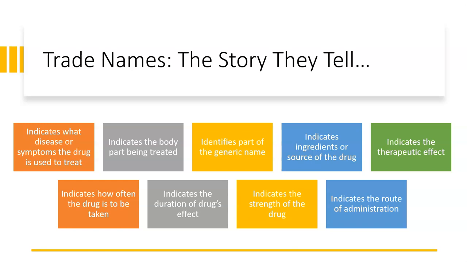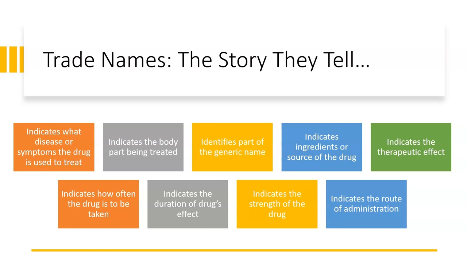Lopid, lower lipids. Lopressor. On the previous slide with the drugs out of your textbook, metoprolol, one of those was Lopressor. It lowers blood pressure. So there's a lot of things in there that can help you identify what we are using it for.